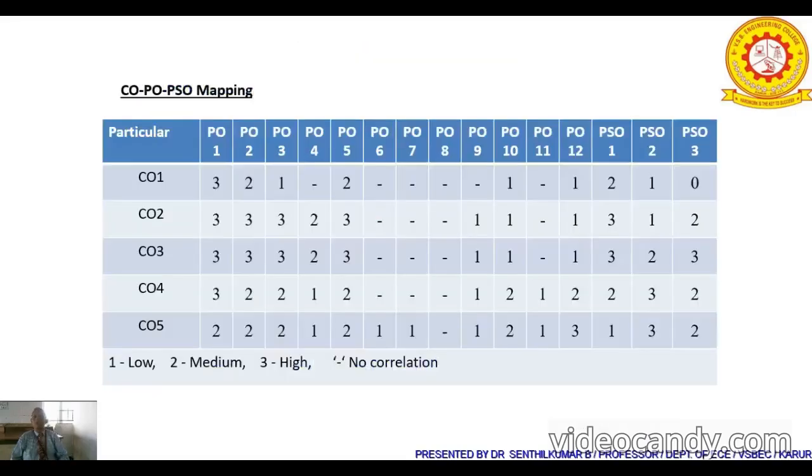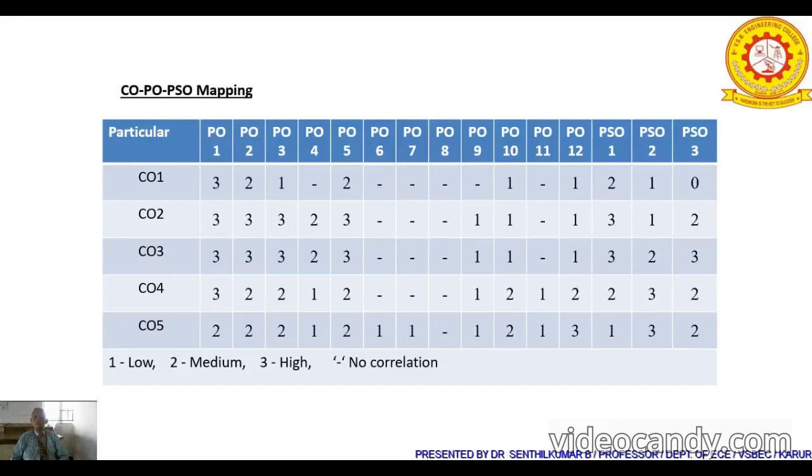Now we have already discussed what is course outcome and what is program outcome, and PSO, program specific outcomes, are designed by our own requirement, our own discipline. Okay, so this is the CO-PO mapping diagram.